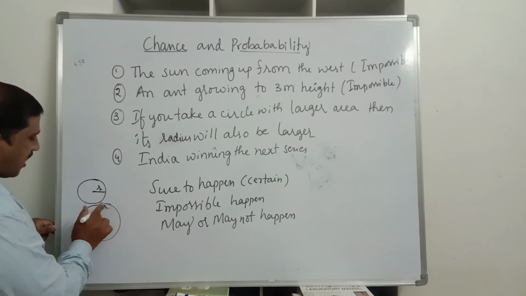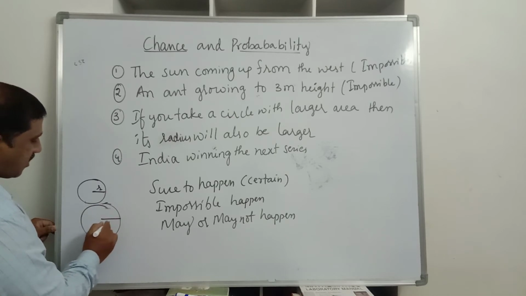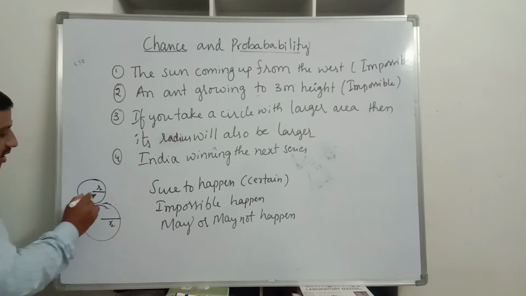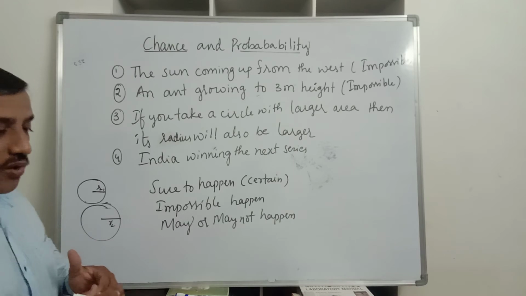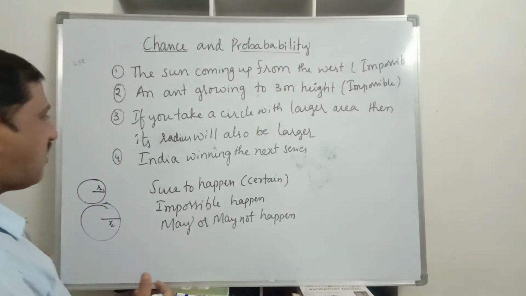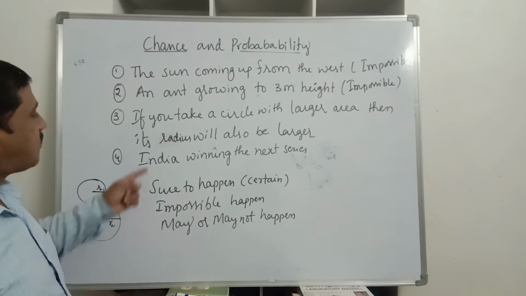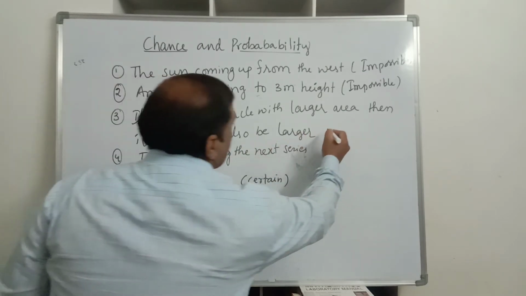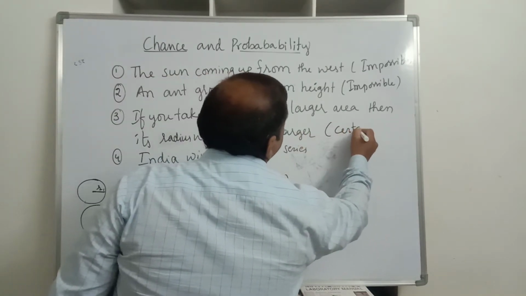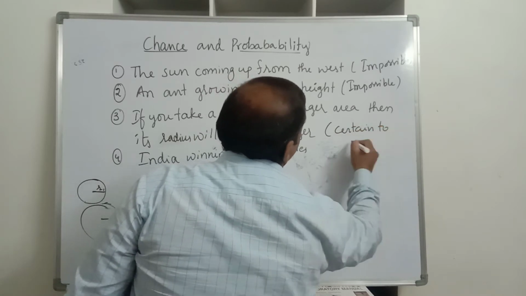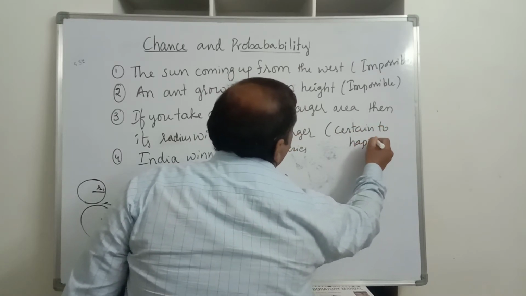What about its radius? Here the radius is more, R1 and R2. So the circle with larger area will have a larger radius. It is certain to happen, a sure event.